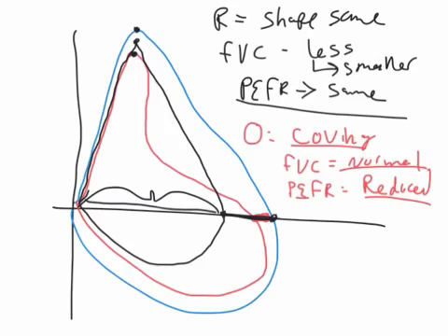There are three other shapes. I'm not even talking about mixed; you could also have a mixed obstructive and restrictive process that would have a different shape than this, but we're not even going to go into that. Besides a mixed process, there are three other shapes that you should be familiar with, and they basically show extrathoracic airway obstruction, such as in the trachea.